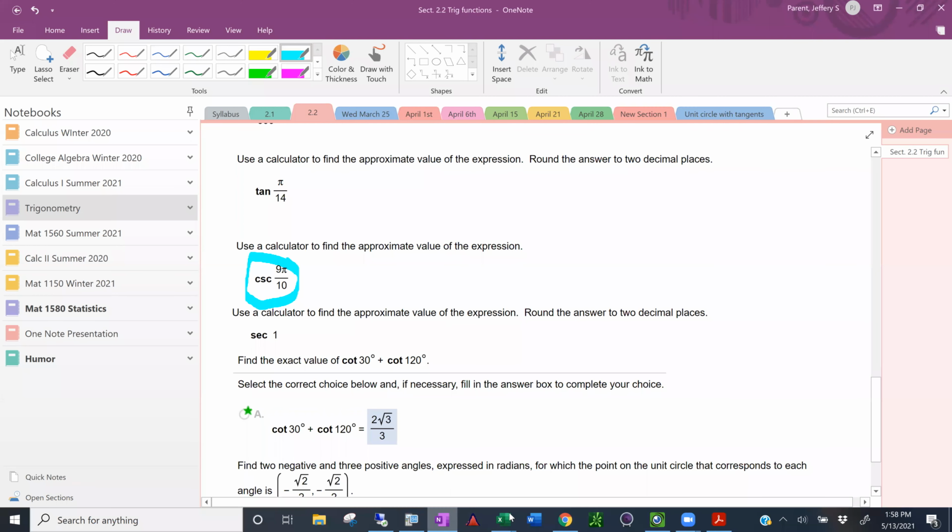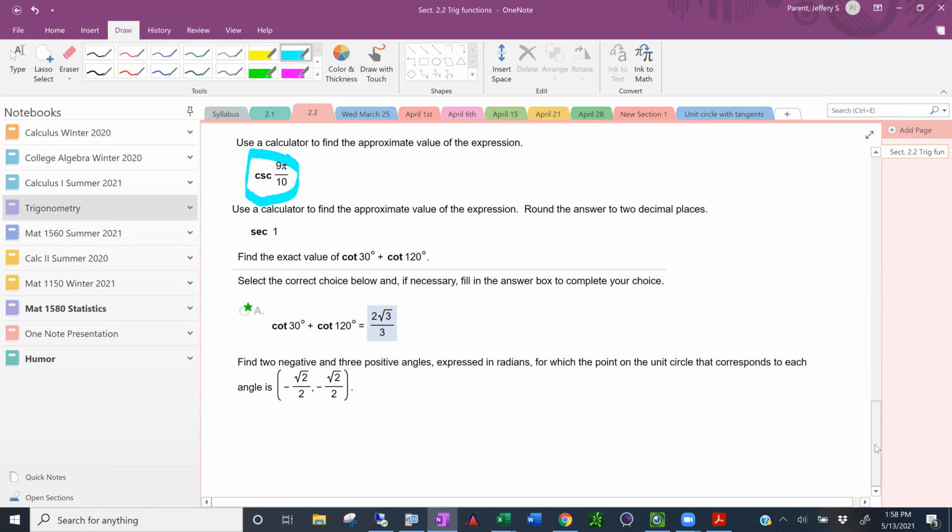Couple more here. I have a question. Is there any way you can locate the 9 pi over 10 on the unit circle sheet without using a calculator? Great question, but not really. The best thing to think of is that it's 90% of pi, because 9 over 10 is 0.9.